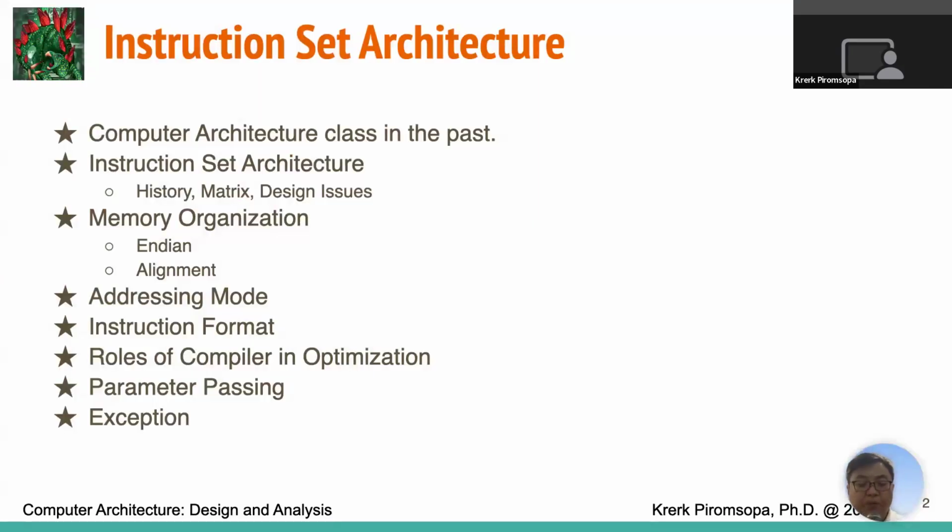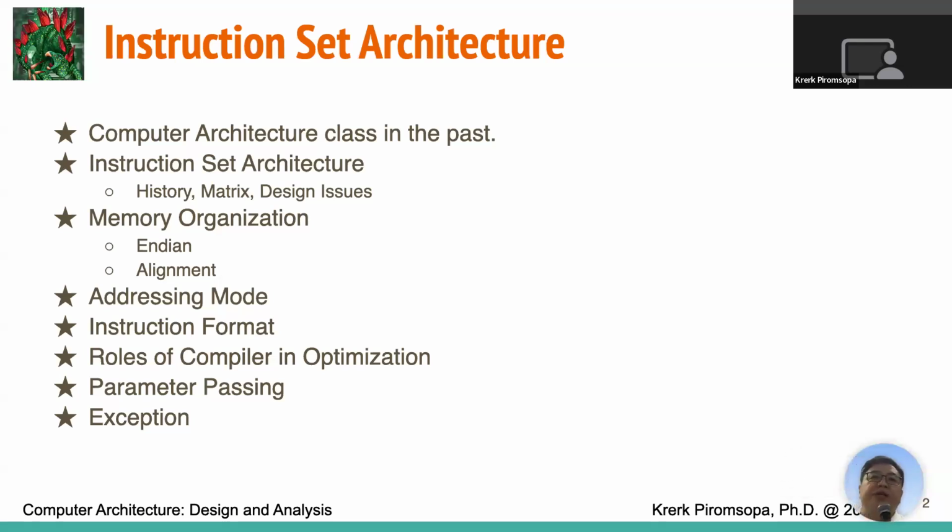Okay, we move on to the next chapter, which is instruction set architecture, ISA for short. Last week, I told you that instruction set architecture is some kind of abstraction.